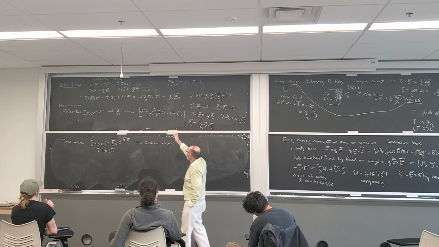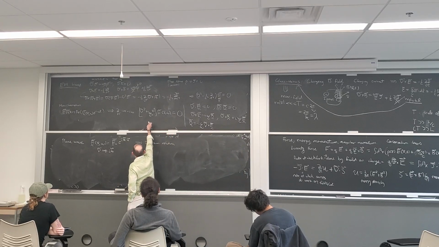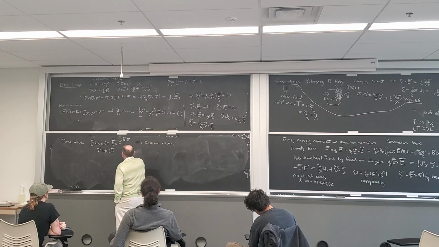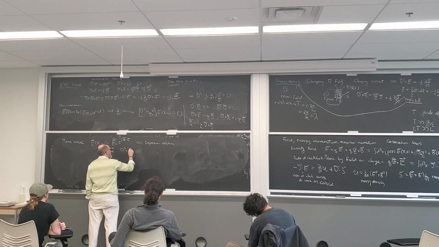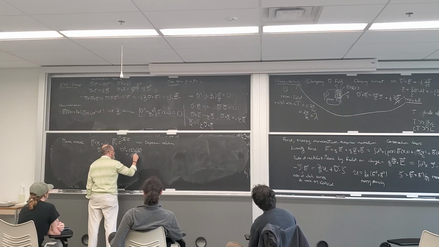It tells me, firstly, I have the dispersion relation. I can plug that in, del squared becomes ik dot ik, or minus the magnitude of k squared.